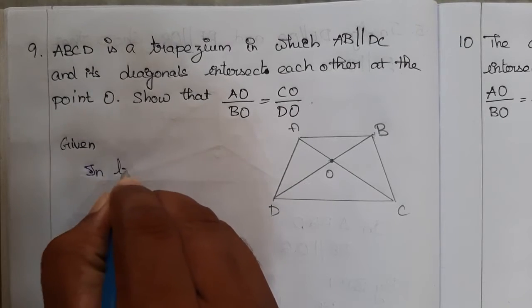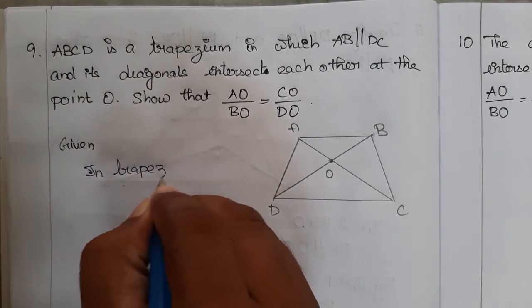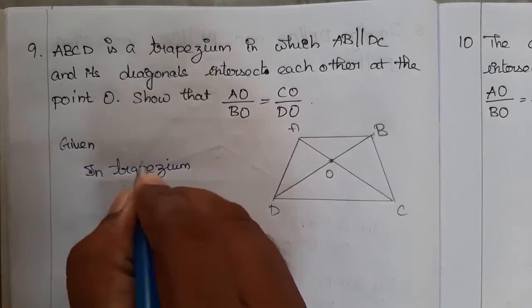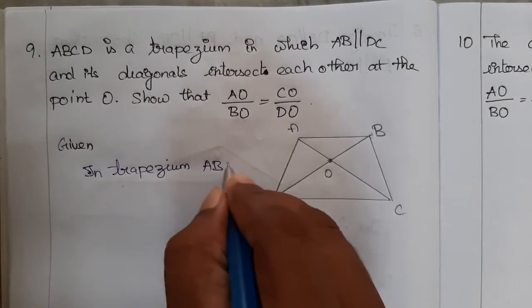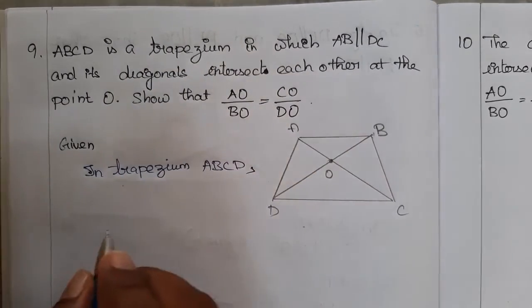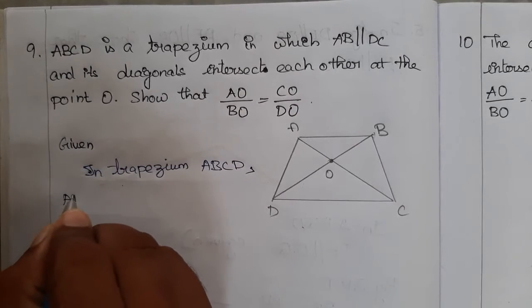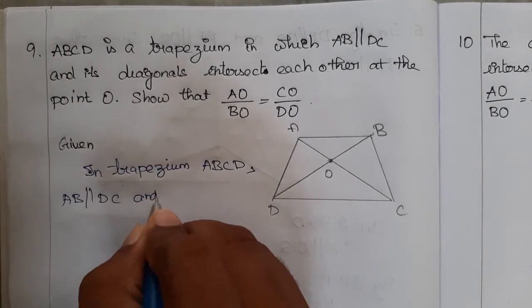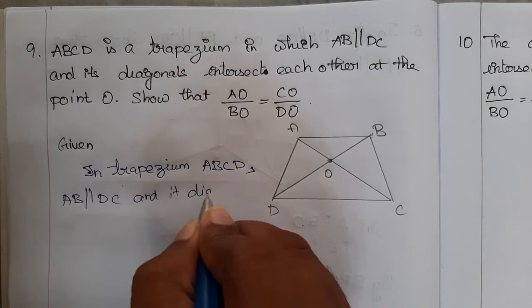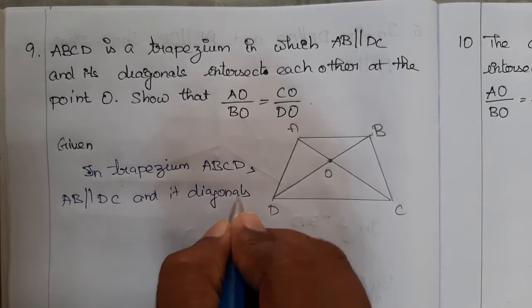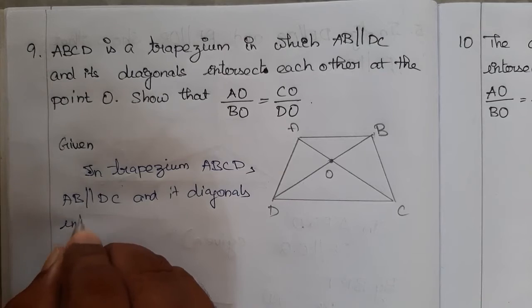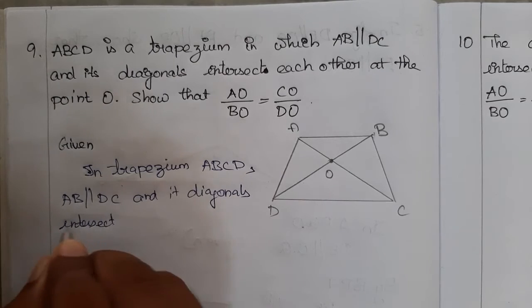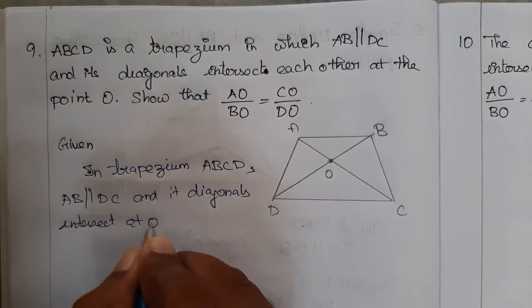So in trapezium ABCD, which two sides are parallel? AB is parallel to DC and its diagonals intersect at O, right?